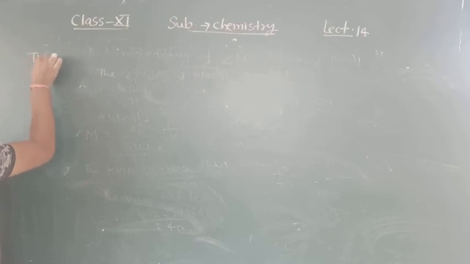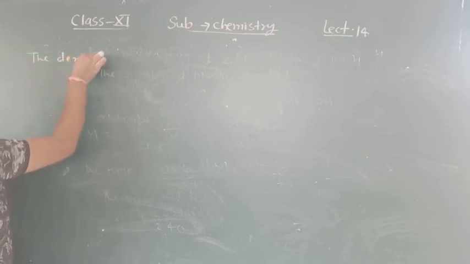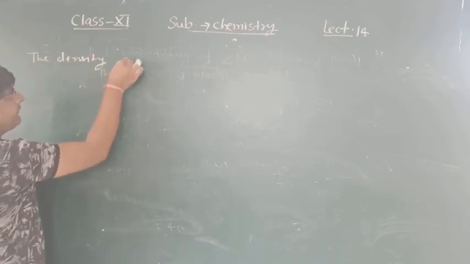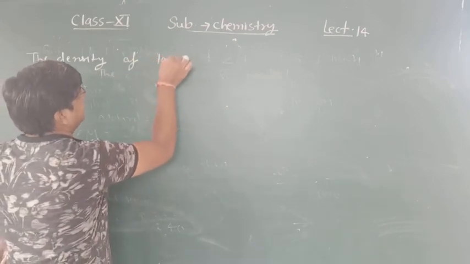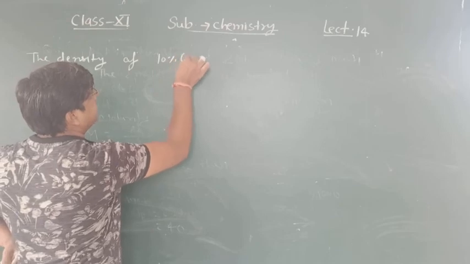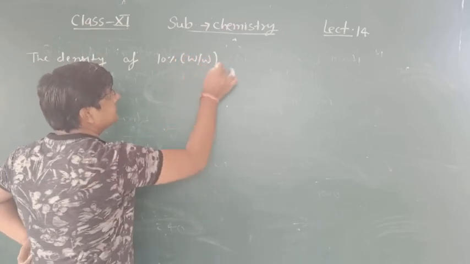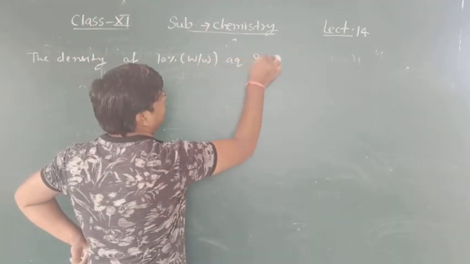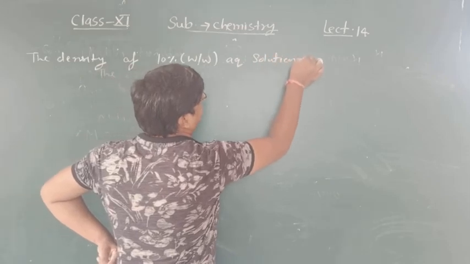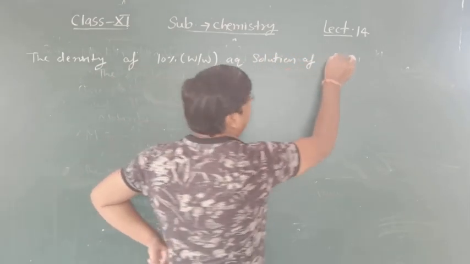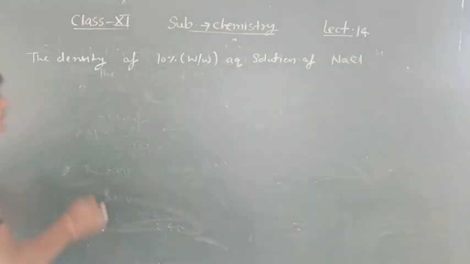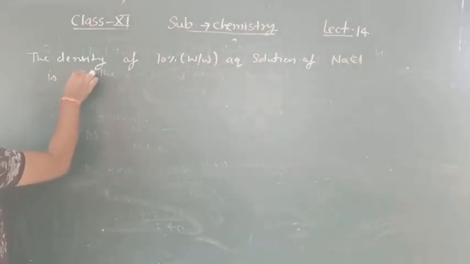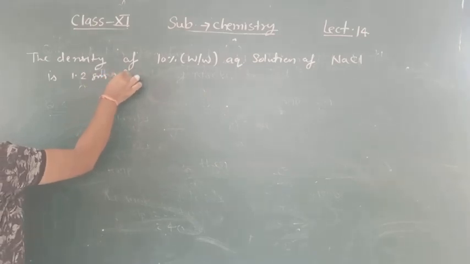The density of 10% W/W aqueous solution of NaCl is 1.2 gram per ml.